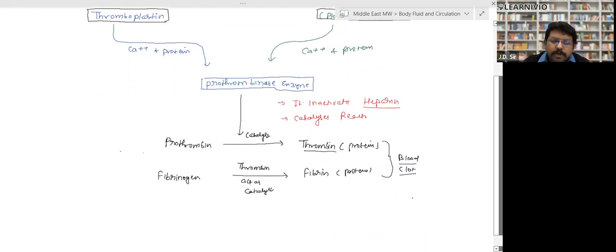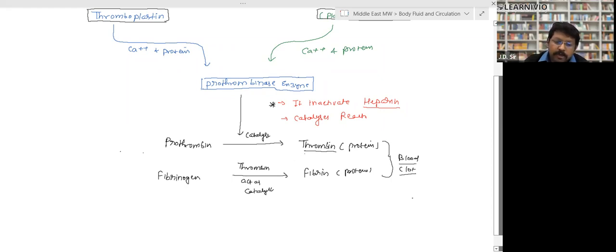Prothrombinase enzyme, what does it do? It inactivates heparin, because heparin will not allow the blood to clot. So first it inactivates heparin, which is already present in our blood, and it catalyzes a reaction. The second thing it does is change prothrombin into thrombin protein.